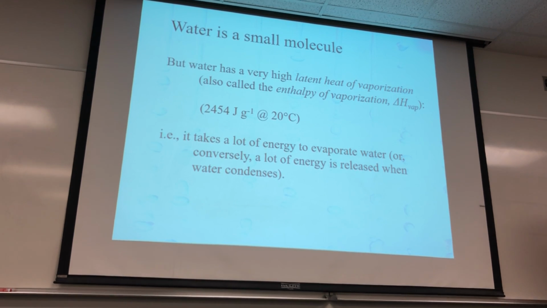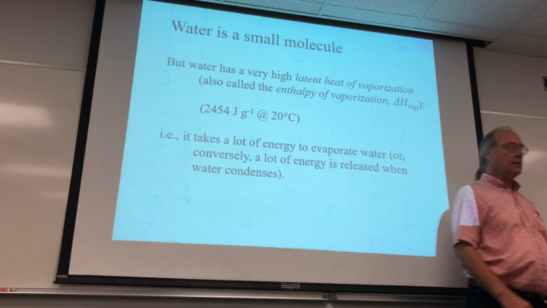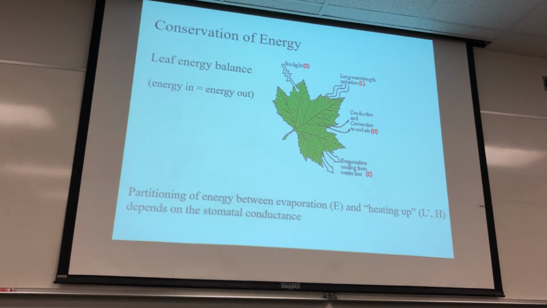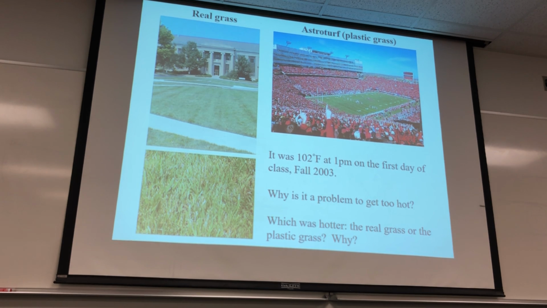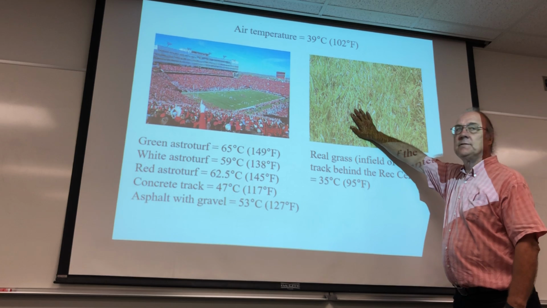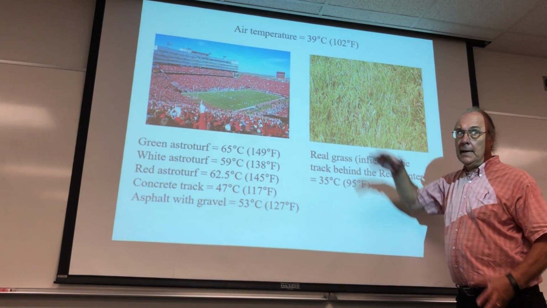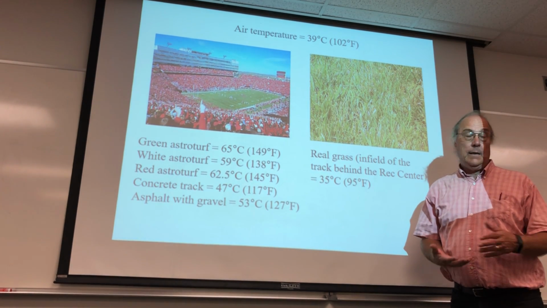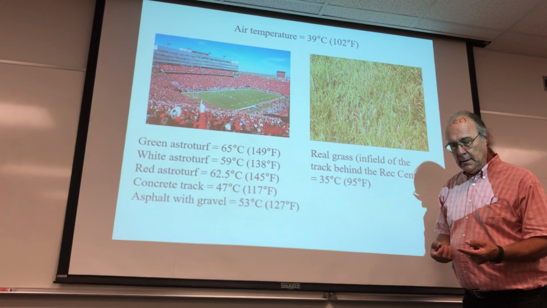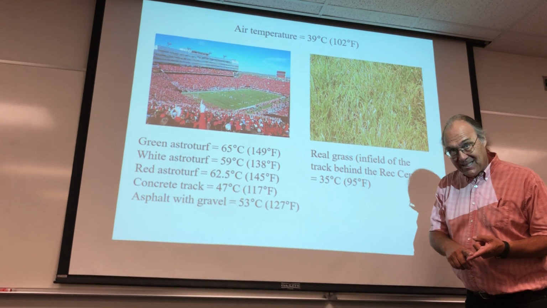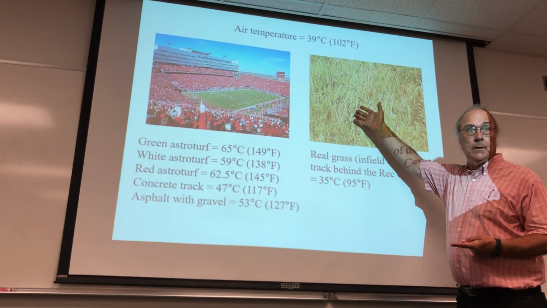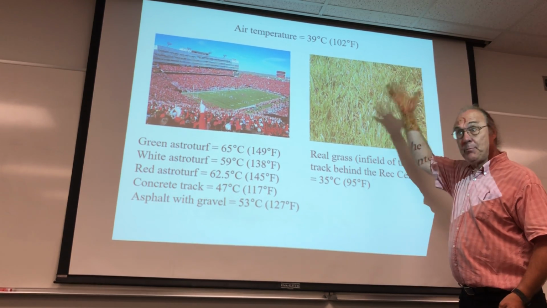Water has a very high latent heat of vaporization. Here's the value. It takes a lot of energy to evaporate water. Why is that important? Because all the energy that these leaves are absorbing has to be dealt with some way, and typically the two big users of that energy are sensible heat flux, heating this leaf up relative to its environment, or latent heat flux, evaporating water.